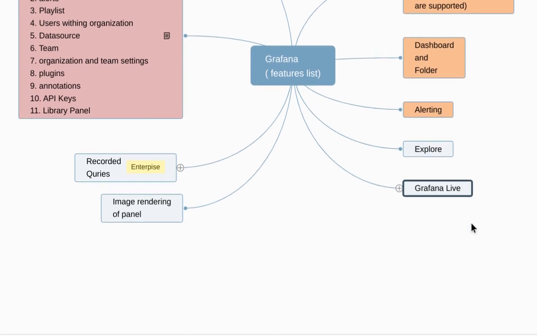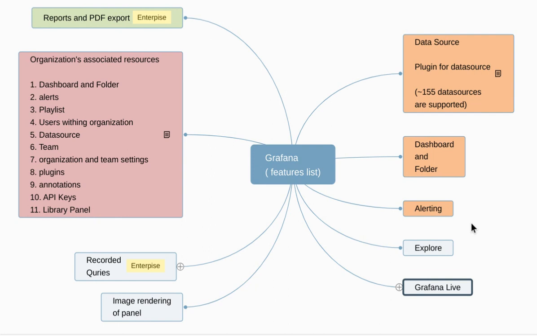Whenever you want live data, live dashboards, or live metrics, we go for Grafana Live. Then data sources are kind of connections. Like in any programming language we create a database connection, similarly a data source is nothing but a connection. We can have any kind of data source.